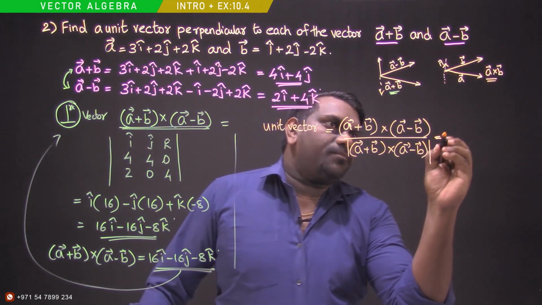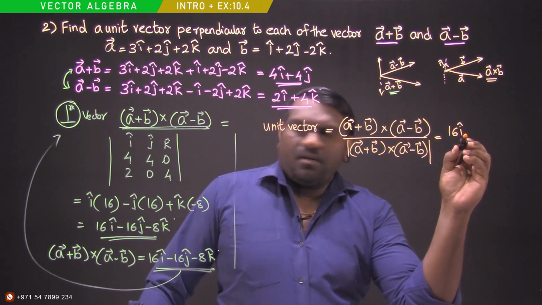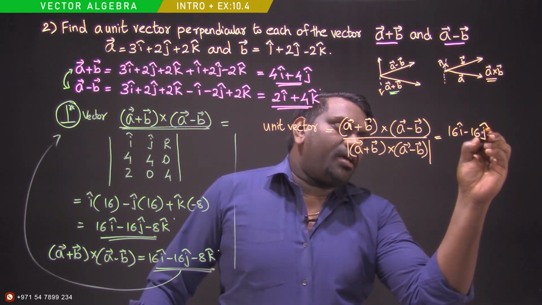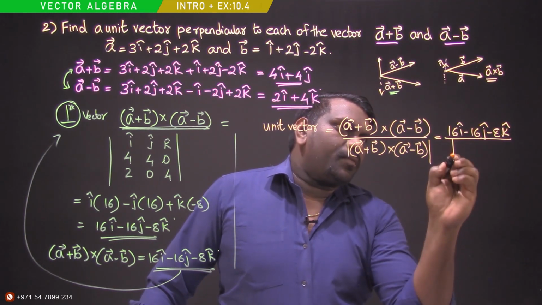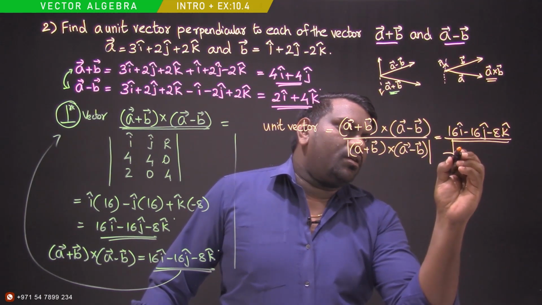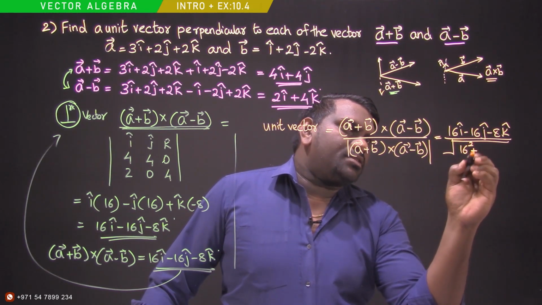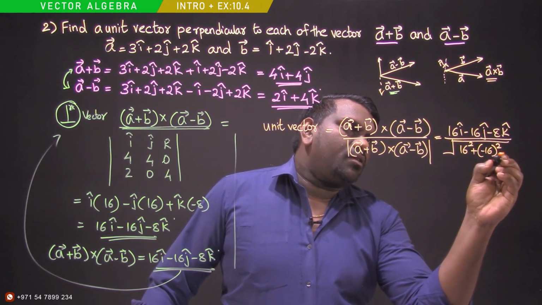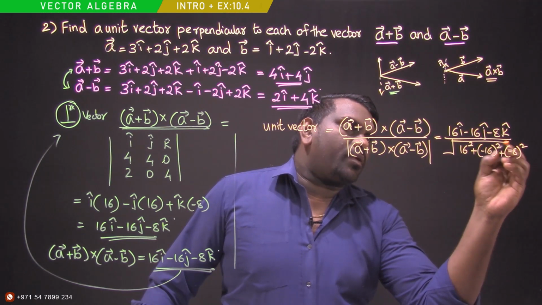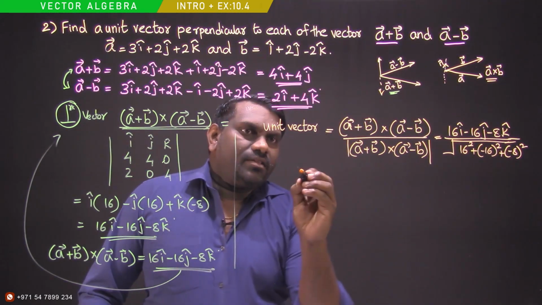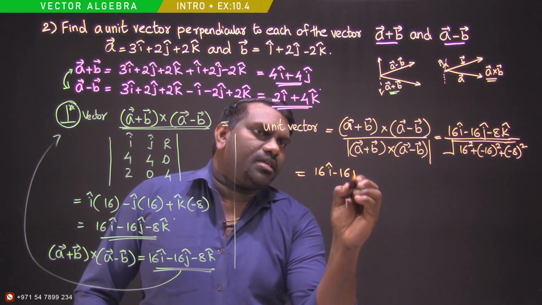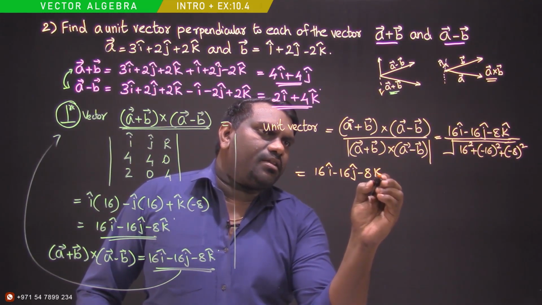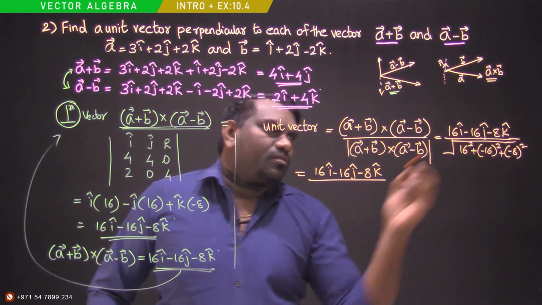And what I will get here is 16i minus 16j minus 8k by root of 16 square, minus 16 square, minus 8 square.